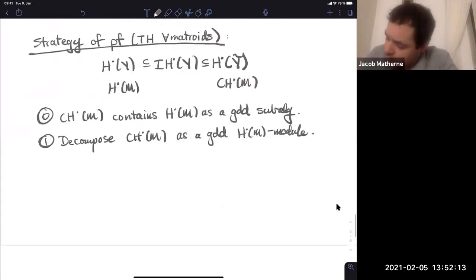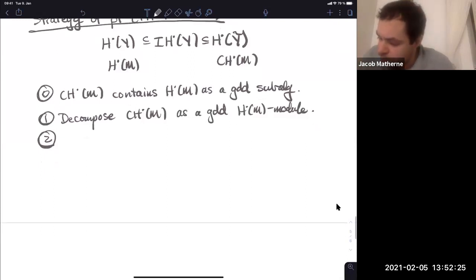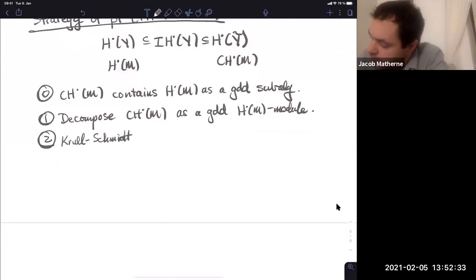Okay. And here's a cheap way to define the intersection cohomology just by using the Kroll-Schmidt theorem. It's the correct thing, but it's not useful to prove theorems. So Kroll-Schmidt says that I can define it up to isomorphism.